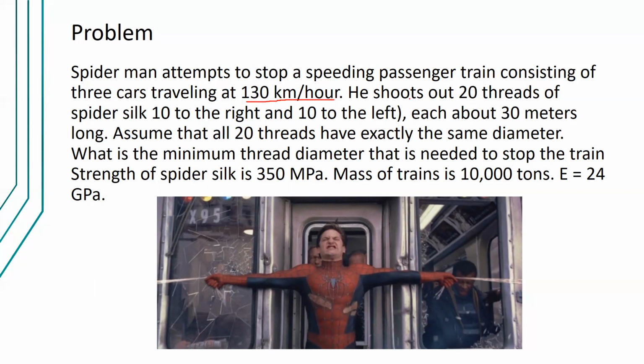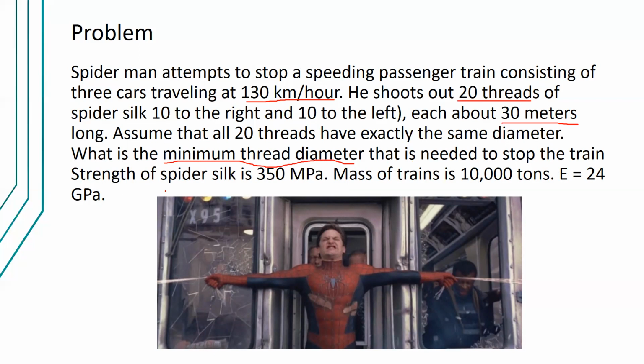So he shoots 20 threads of spider silk, 10 to the right and 10 to the left. And each thread is about 30 meters long. Assume that all 20 threads have exactly the same diameter. The question is, what is the minimum thread diameter that is needed to stop the train?